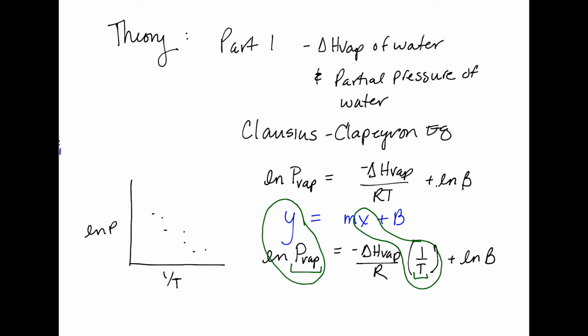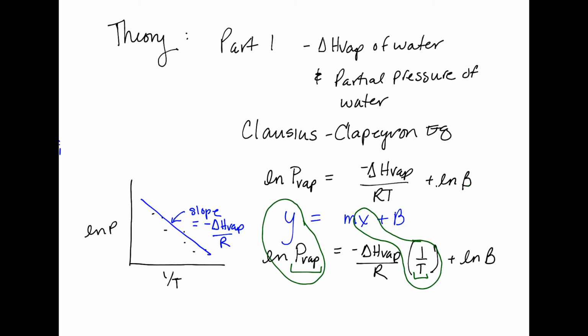And if we drew a best fit line through that data, the slope, which is m, would equal the negative delta H of vaporization divided by R.